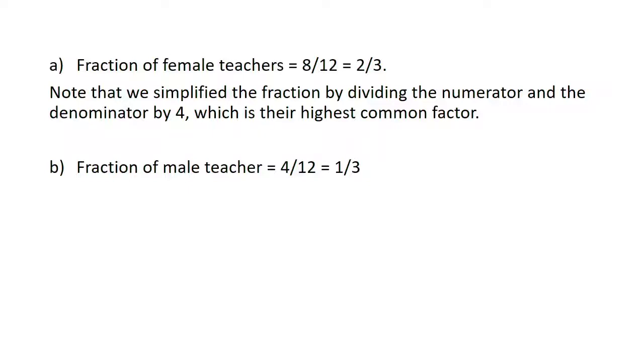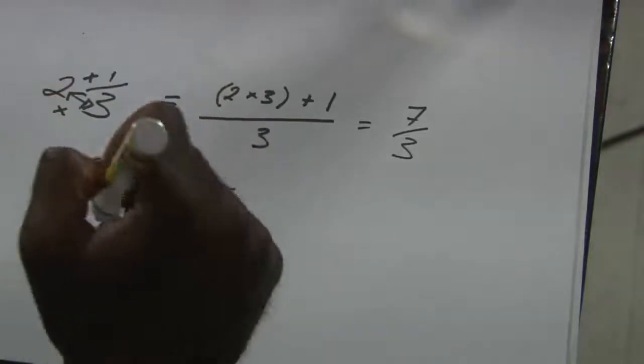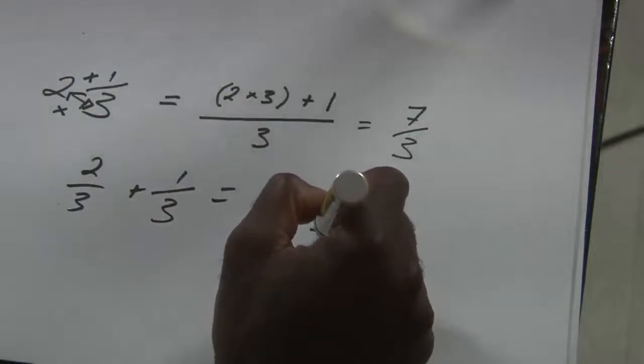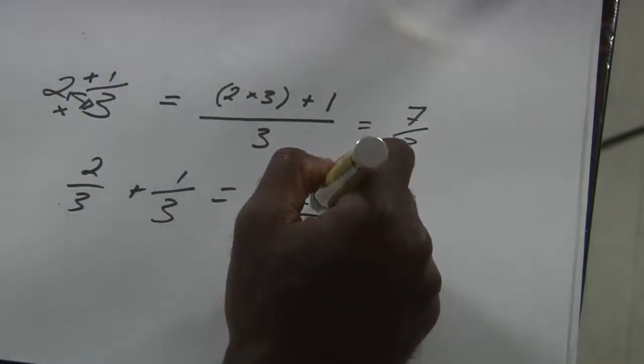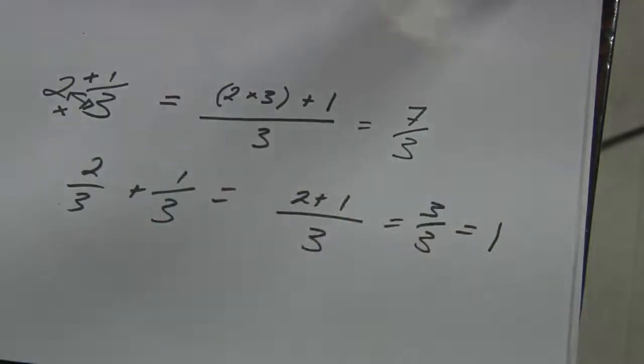And therefore, in this case, if we add 2 over 3 plus 1 over 3, then of course your common denominator here is just 3, and you have 2 plus 1, which gives you 3 over 3, and that gives you 1.